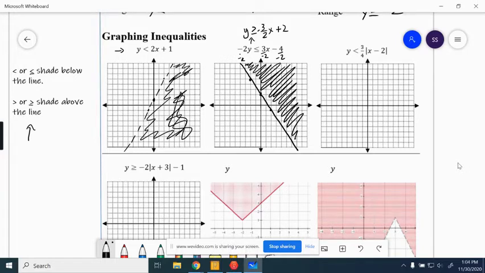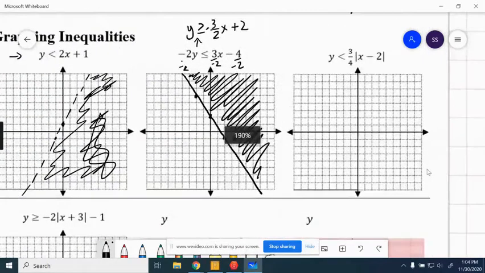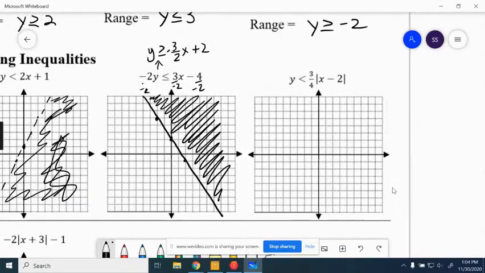Okay. All right. Now we've got an absolute value to look at. So we're going to start, of course, looking at the vertex. We want to find the vertex.